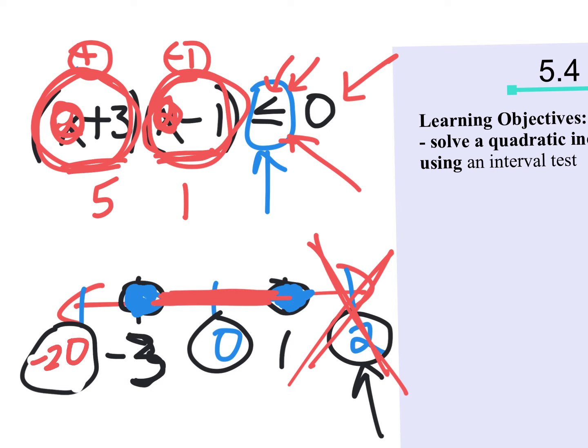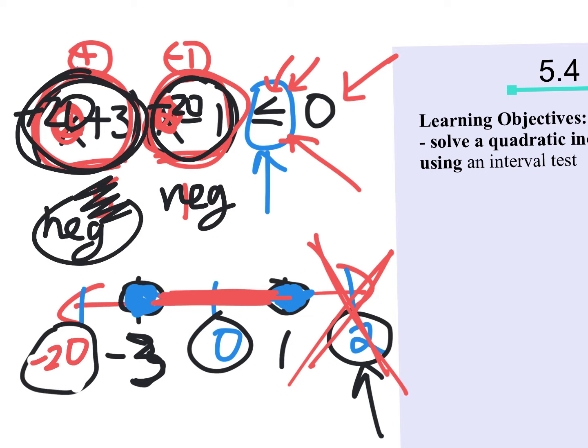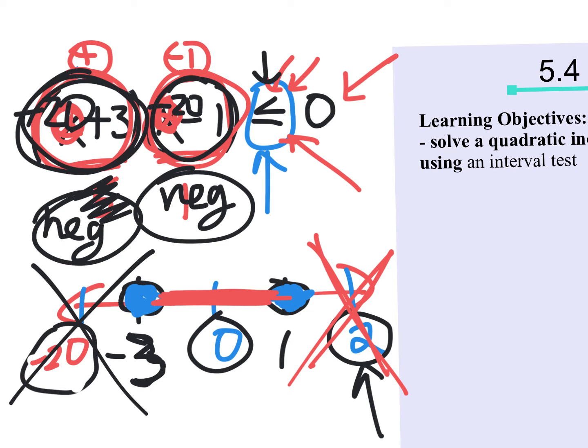Because look, it'll pretty quickly become apparent that this part would be negative. -20 plus 3 has got to be negative, right? And -20 goes in here, and I'm for sure going to have a negative answer. A negative times a negative makes a positive, which is not less than 0. So it's out. That's called sign testing.